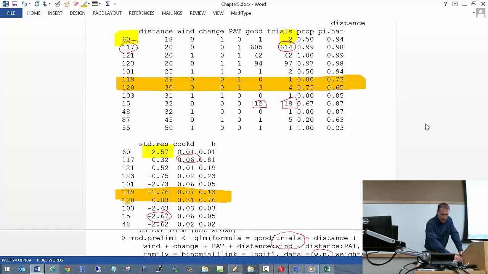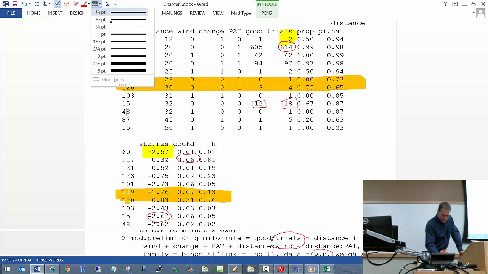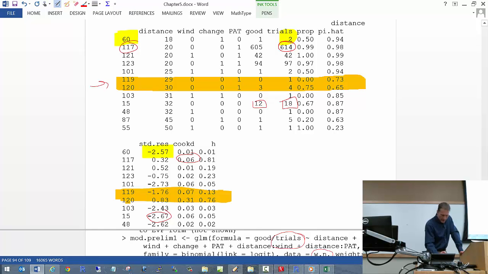And interestingly, it concerned what you see here highlighted in orange. Let me get my red pen out. It was number 119 and 120. Both of those explanatory variable patterns happen to be non-20-yard PATs.